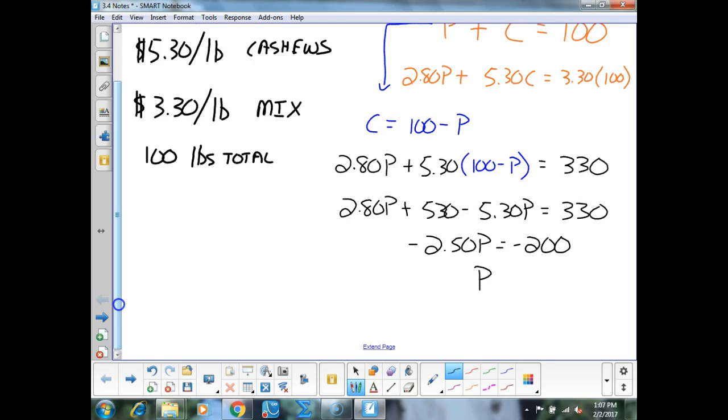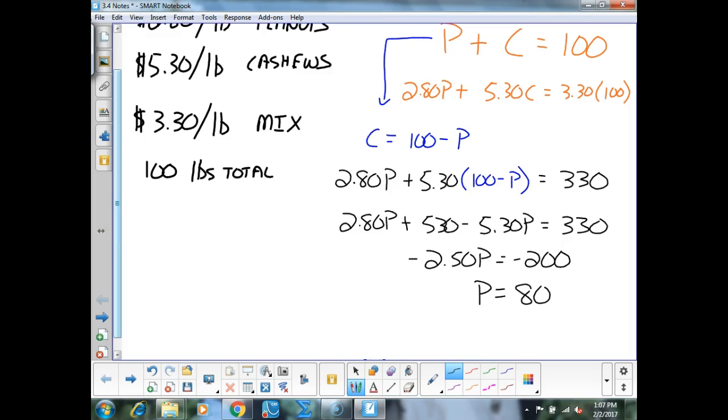So P is 80. So if I've got 80 pounds of peanuts, how many pounds of cashews do I have? 20.